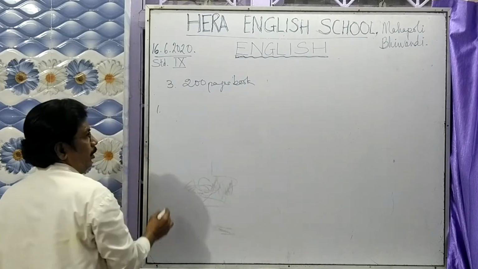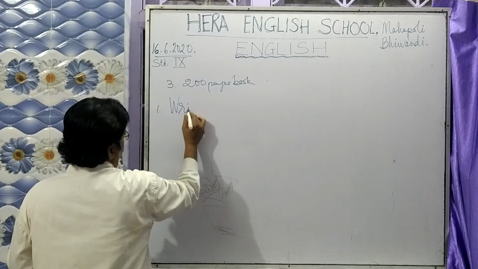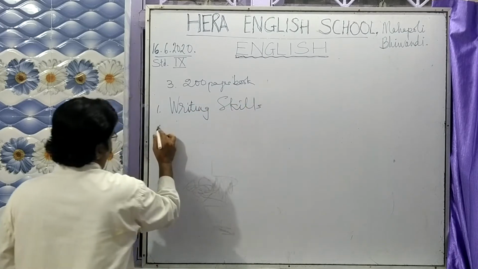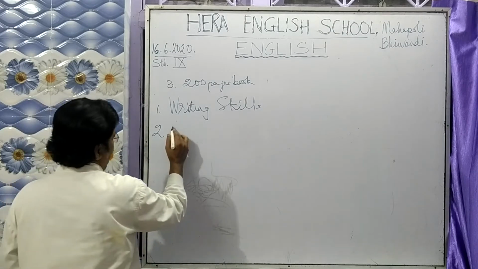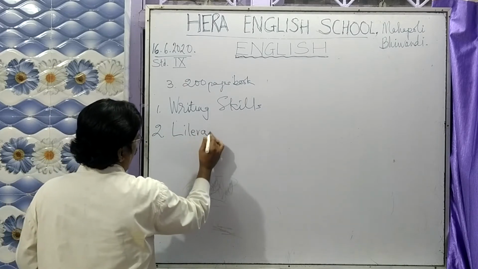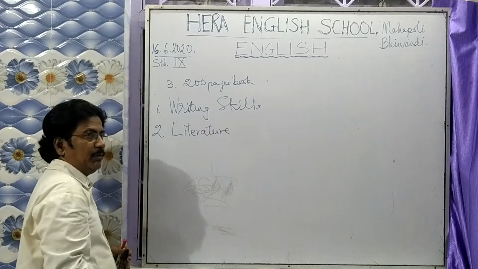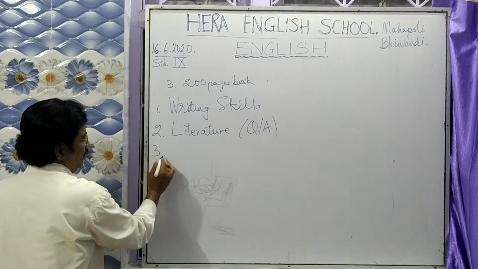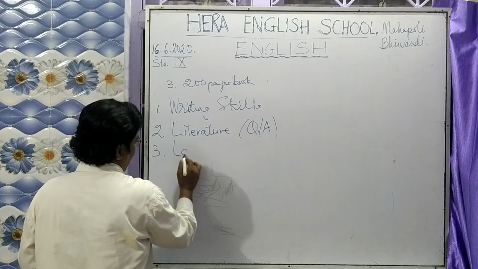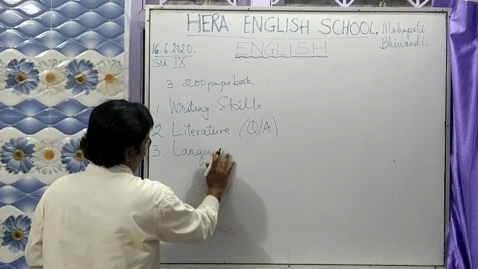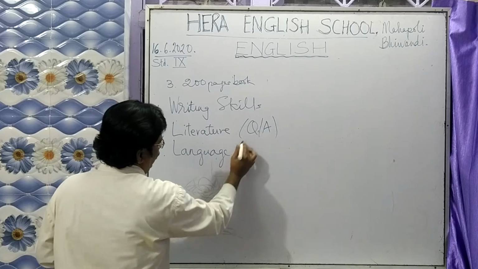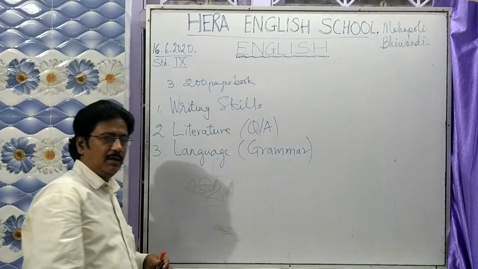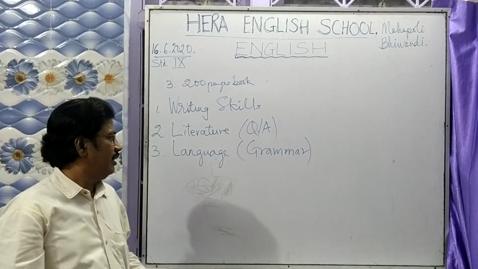One for your writing skills, two for your literature part, where you will be writing all your question answers, and three is your language part, where you will be writing your grammar in it, where I shall be explaining ample grammar of your previous 8 years plus for 9 standard.